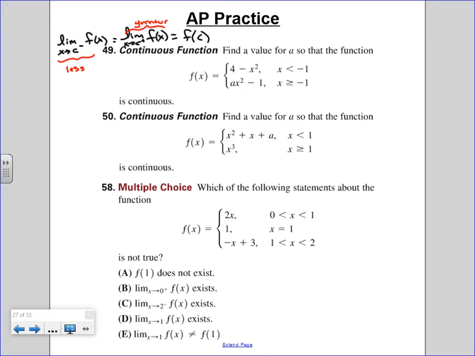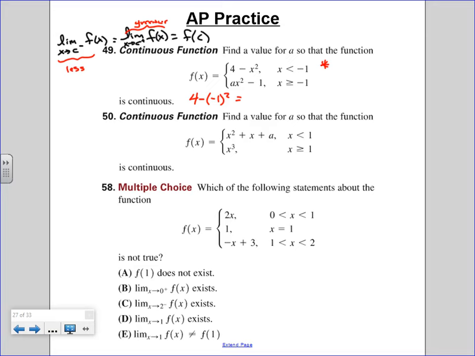So wait, the first part coming from the left, to take a limit, we plug and chug, right? So coming from the left, less than, we're going to choose the first piece, plug and chug, so we're going to set 4 minus negative 1 squared equal to. Because we're plugging in the c, which is, now hold on, why are we dealing with negative 1? Well, hold on, this one's a parabola, it's good everywhere. This one's a parabola, it's good everywhere.